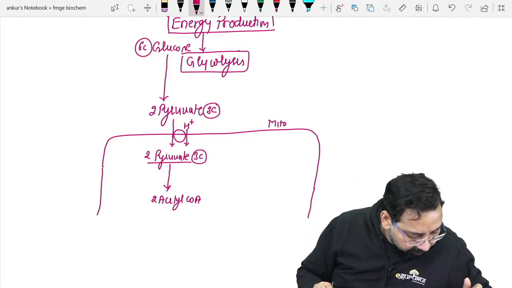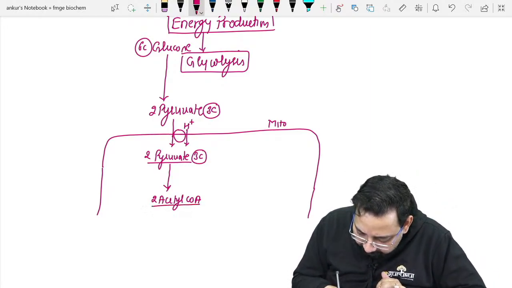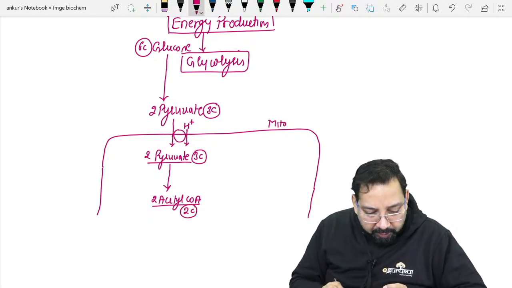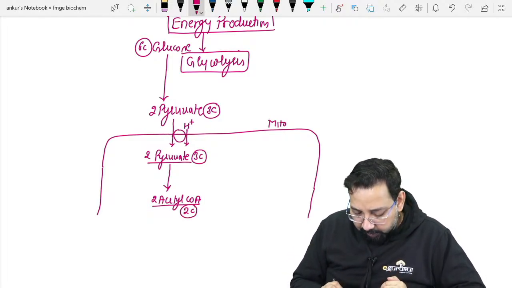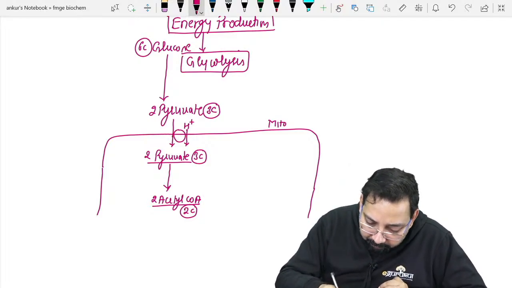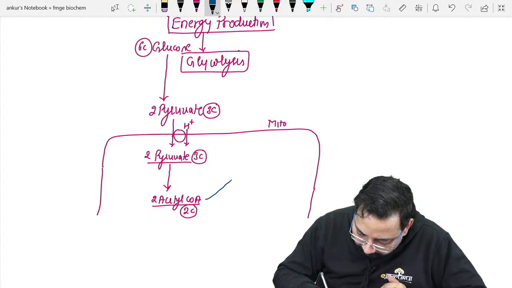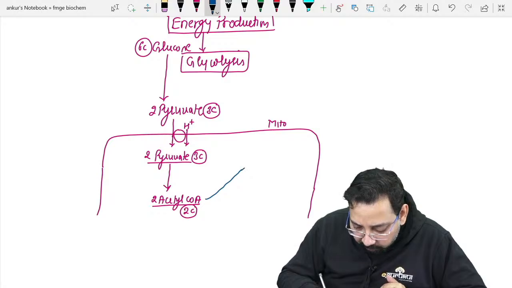Acetyl coenzyme A has 2 carbon. Now this acetyl coenzyme A will enter the... I took a different color and you will appreciate the reason for this.